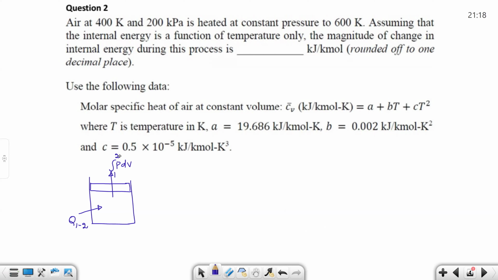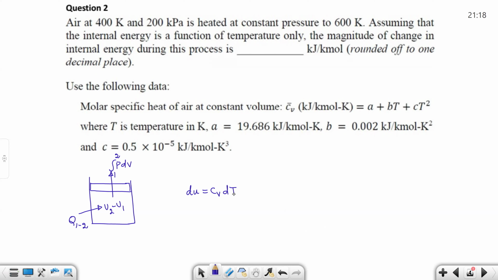There will be an internal energy change, U2 minus U1. What is this internal energy change? In kilojoule per kilomole. We know that du equals Cv dT.